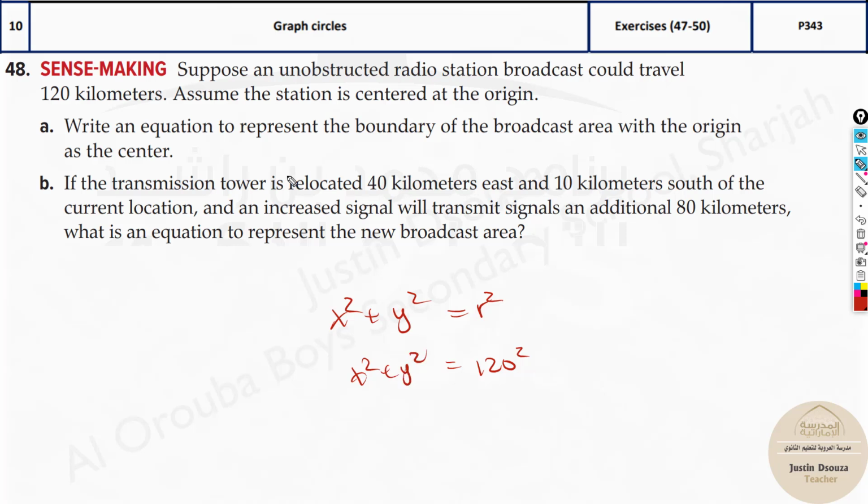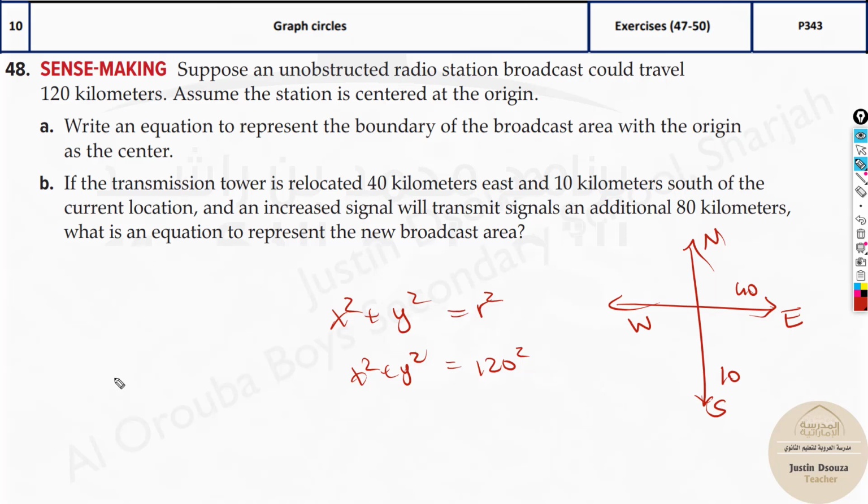Okay. Now if the transmission tower is relocated 40 kilometers east, here because they have mentioned the directions, we have to know which is north, south, east and west. Above is always north, down is south, right is east and left is west. So they have told 40 kilometers east, so it's going over here 40, and 10 kilometers south over here 10 of the current location.